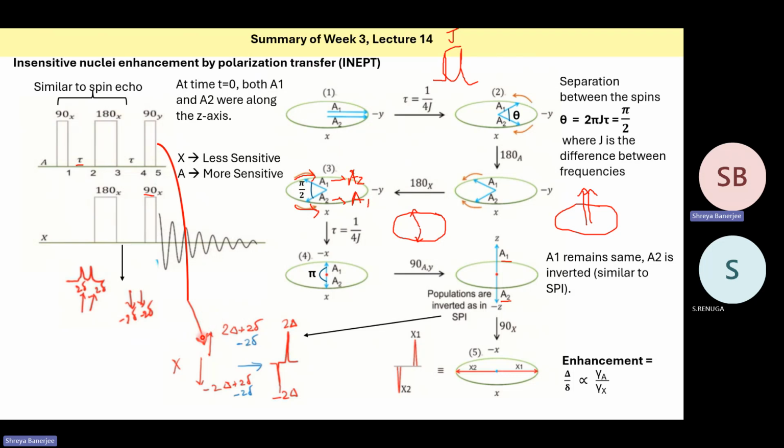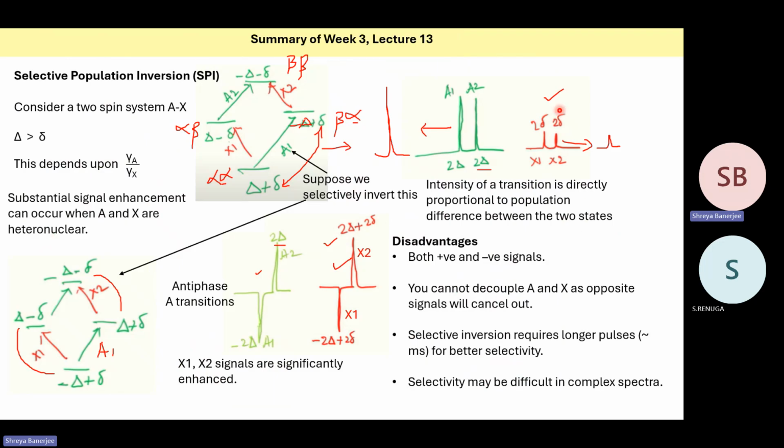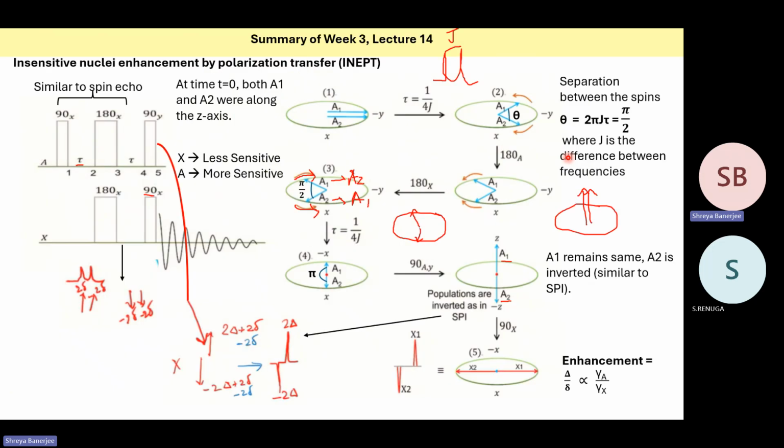Now the pulse that we have to think about is the 90X pulse on X. Initially, before the population inversion, X had a small signal of 2 small delta, which was equal in intensity for both X1 and X2. Now, what the 90X pulse will do is simply invert the signal. That is, it will be minus 2 delta, minus 2 delta.